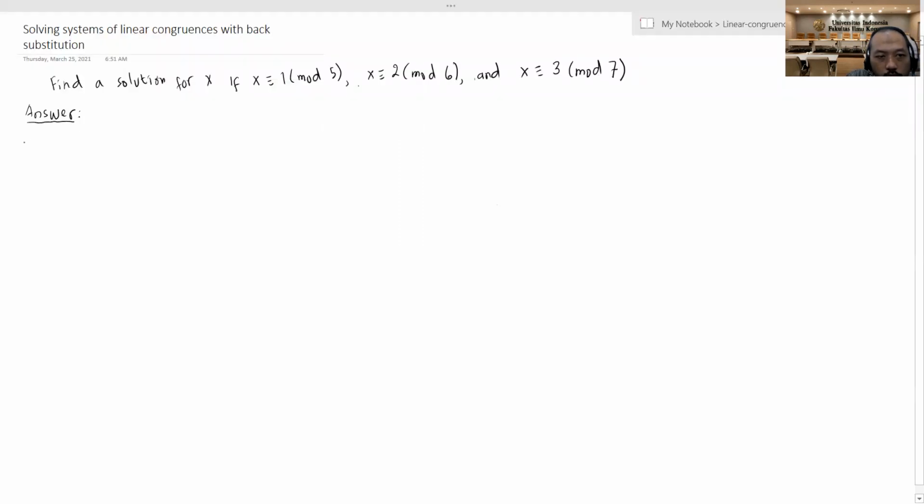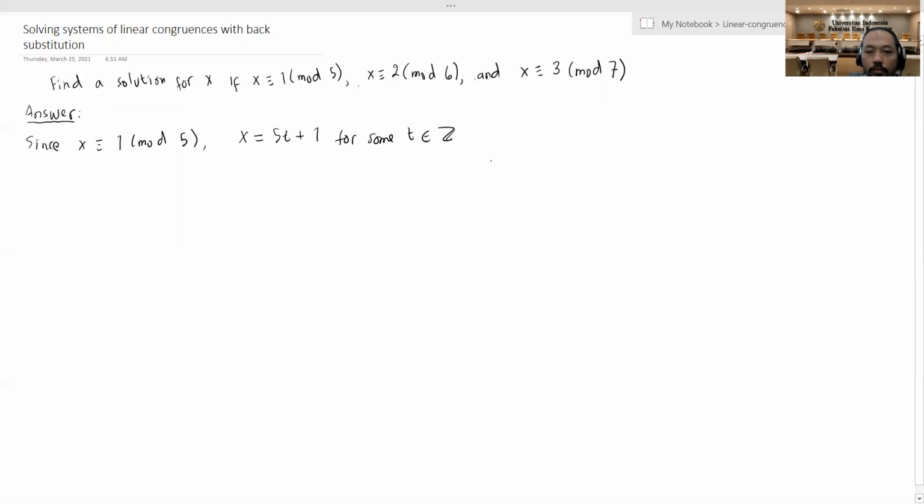Since we know that x is congruent to 1 modulo 5, by definition of linear congruences, we have that x is equal to 5t plus 1 for some integer t.